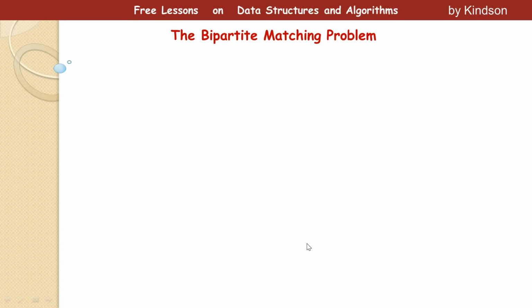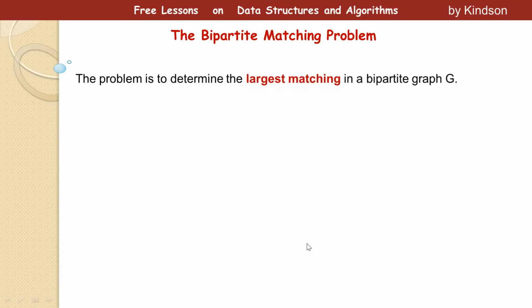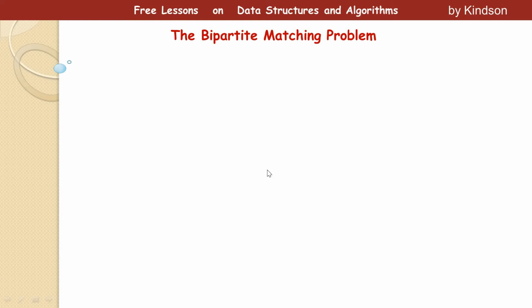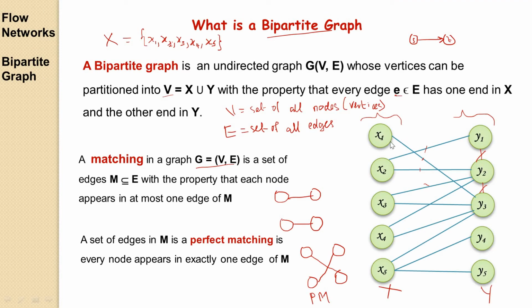The bipartite matching problem, because that is the problem we want to solve using flow network. The problem is to determine the largest matching in a bipartite graph. If we go back to previous, we have this matching, a set of edges.